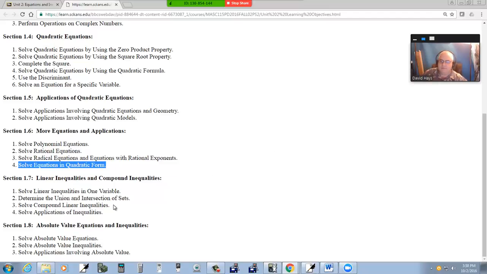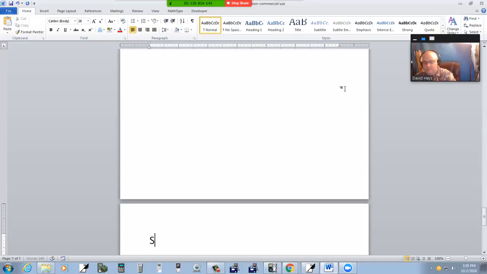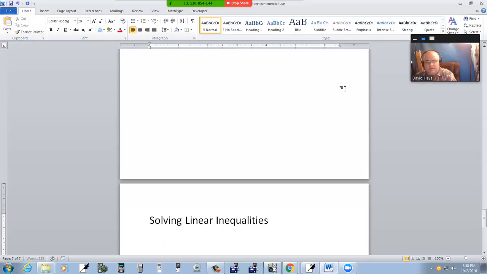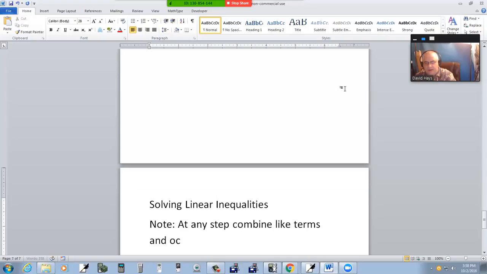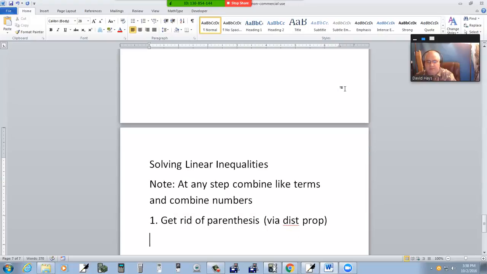Now linear inequalities. Let's take a look at those. So solving linear inequalities. We got a note up at top. It says at any step, combine like terms and combine numbers. Step 1. Get rid of parentheses. We do that via the distributive property. Step 2.